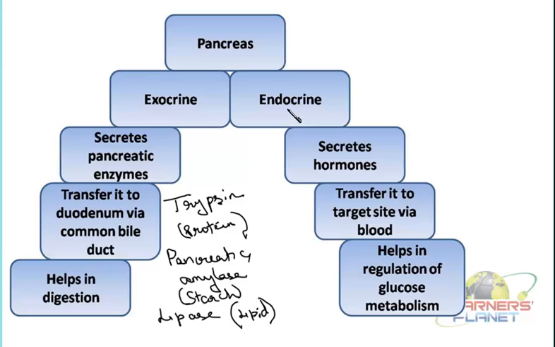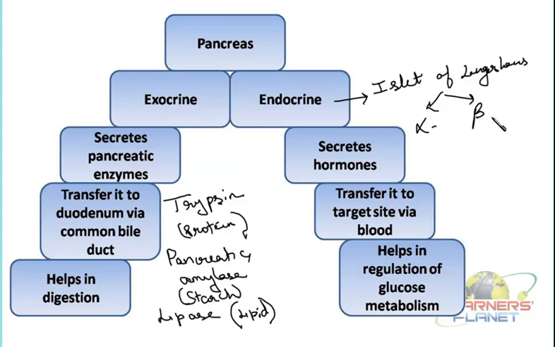And of course, as we said, they secrete different kinds of hormones, so they are comprised of different types of cells. So in short, the endocrine part of the pancreas is the islets of Langerhans. And which different types of cells are there? There are two different types of cells: the alpha cells and the beta cells.